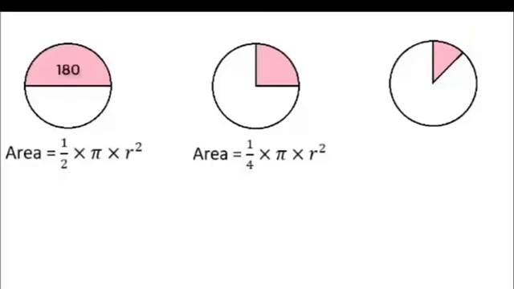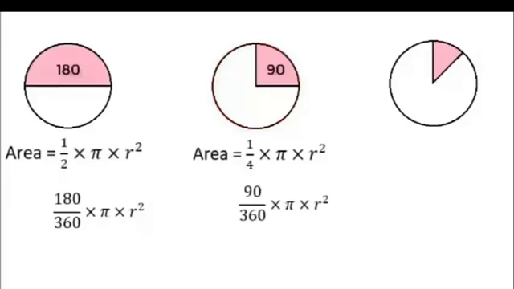In the first case, the angle is 180 degrees, and the area is 180 by 360 times pi r squared. This value is the same with this value, as the ratio equals half. Similarly, since the sector angle is 90 degrees in the second case, the area of this sector is 90 by 360 times pi r squared.